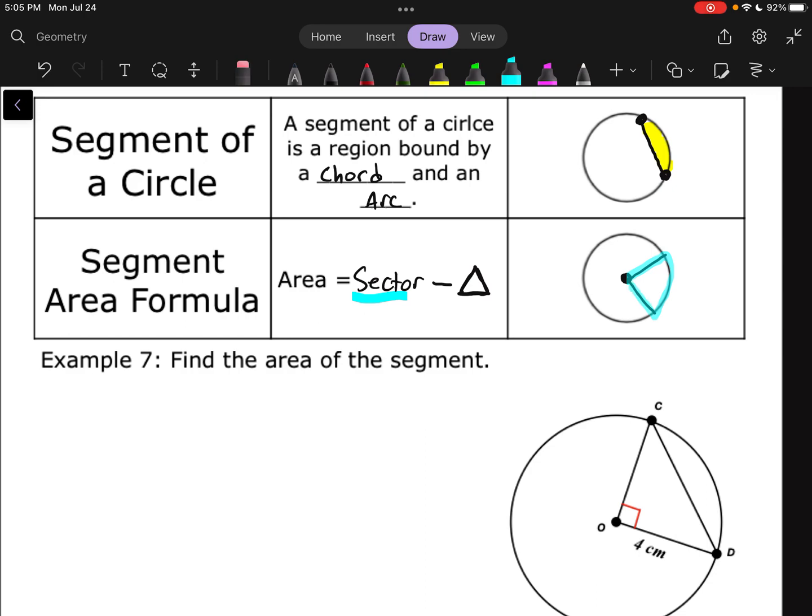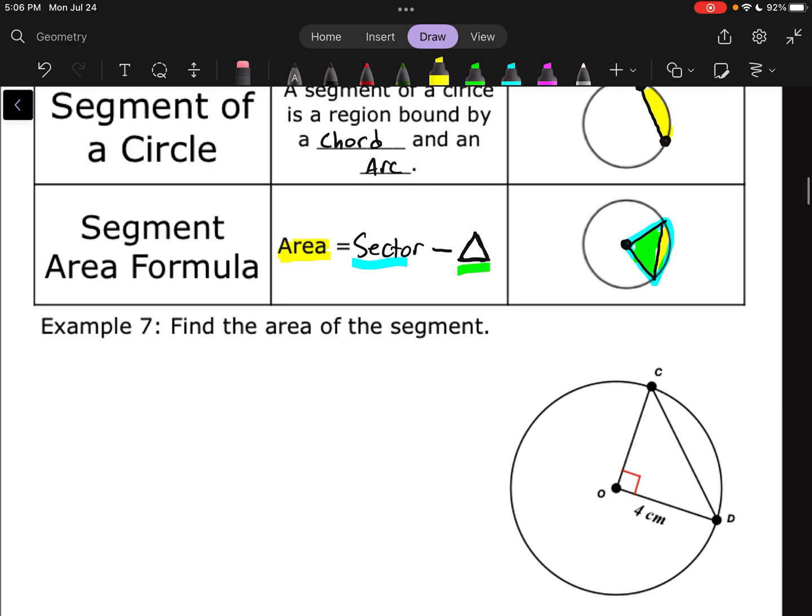Like we just did, that whole thing. Then we are going to subtract the area of this triangle that we form with the radius and the chord. And that will find us the area of the segment. All right, so our strategy is going to be sector minus triangle.